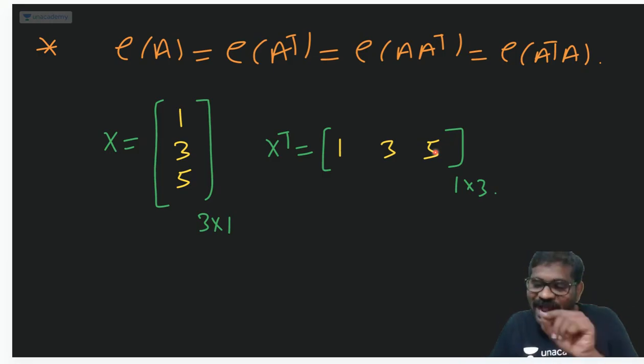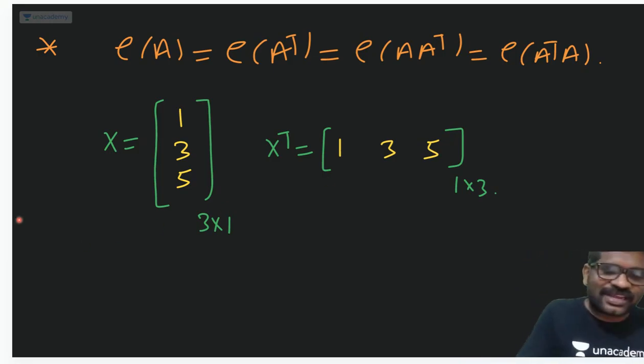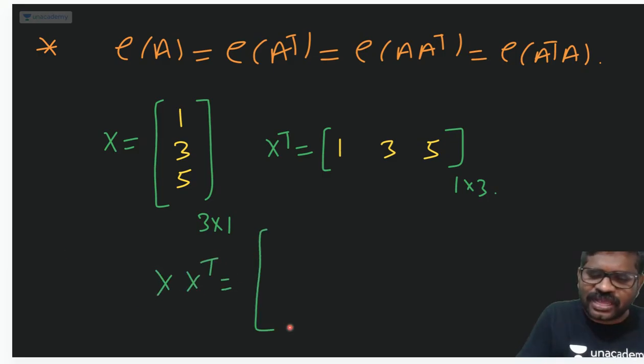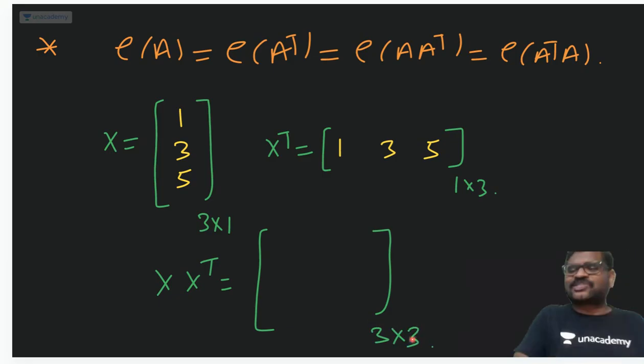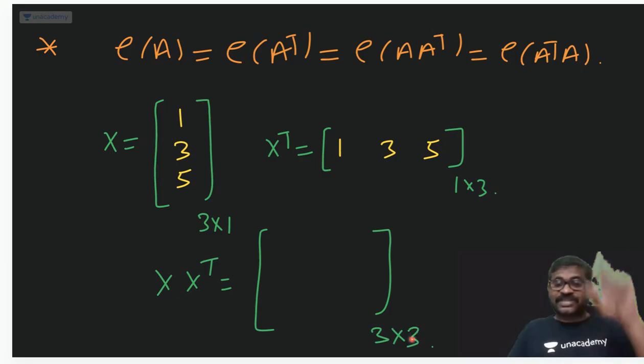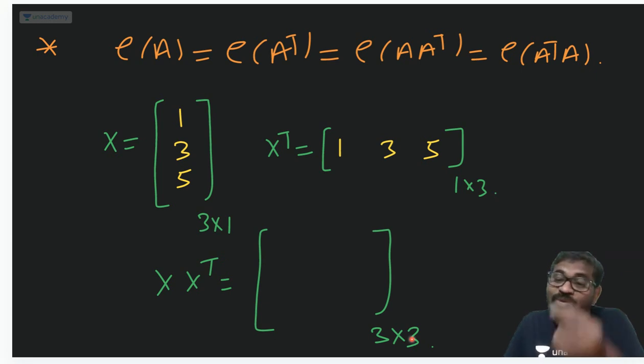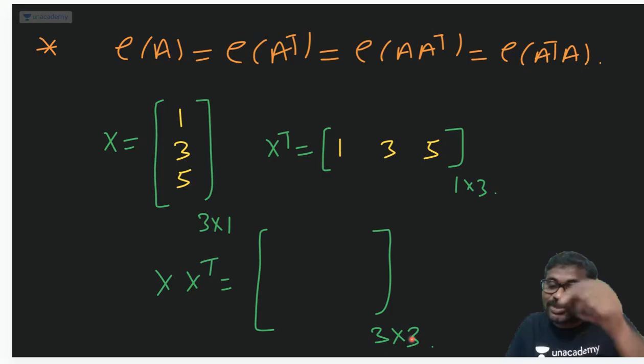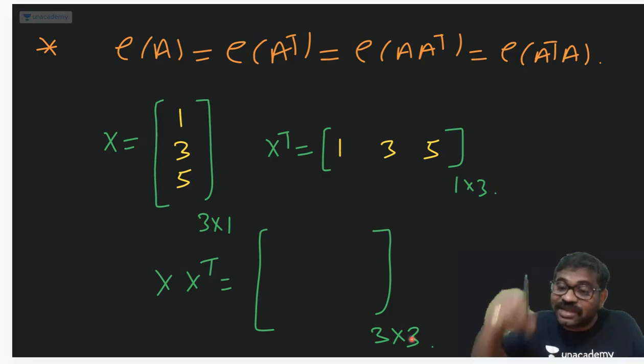Okay? Observe now. Sir, if you multiply X with X transpose, 3 cross 1 multiplied with 1 cross 3, the result is 3 cross 3. Sir, in the case of X and X transpose, you have only a 1 cross 1 minor. That's why you said rank is 1. Now here, X into X transpose is a 3 cross 3 matrix.